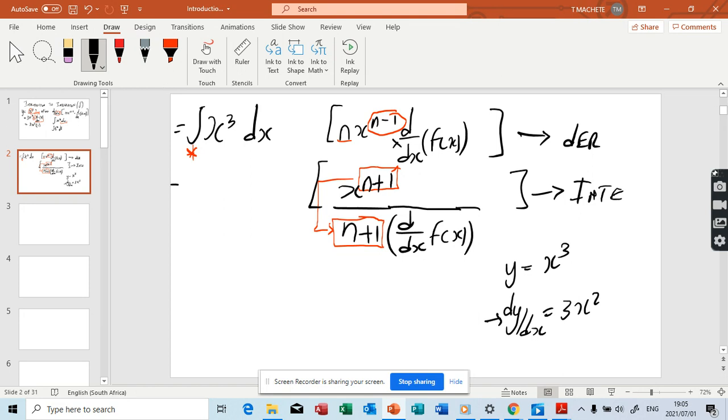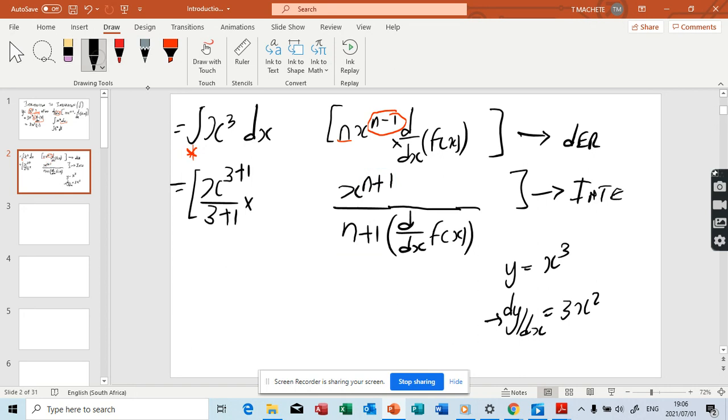So the moment you integrate here, you remove this integral sign. So you're gonna say x to the power 3 plus 1 over 3 plus 1.